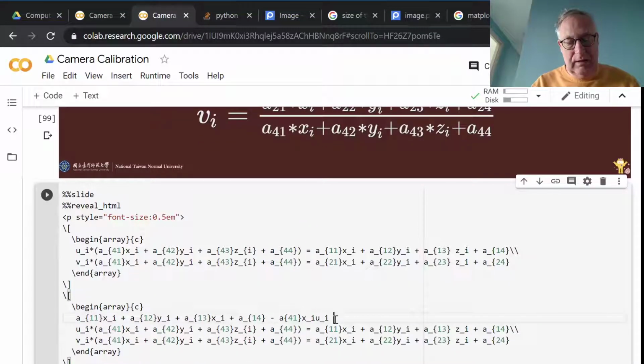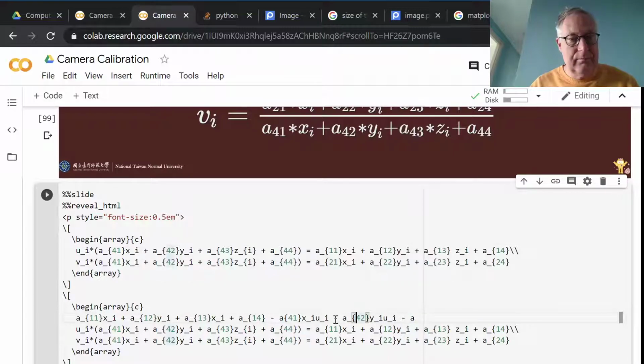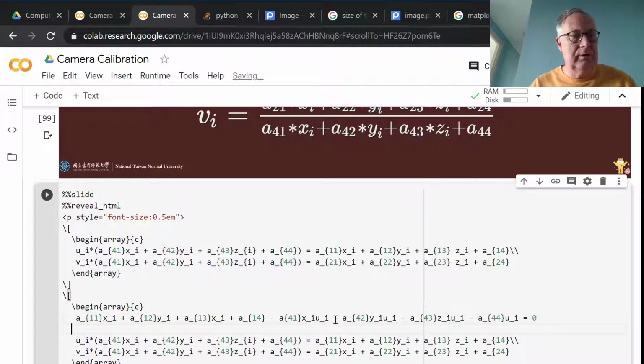So negative A42 yi ui, negative A43 zi ui, negative A44 ui is equal to 0, because I brought them all over onto the other side.